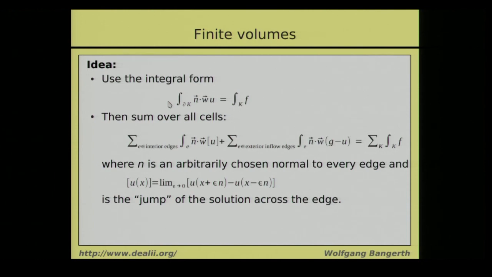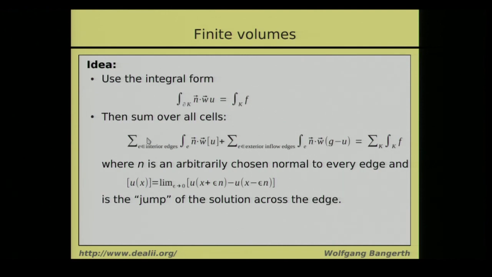And then what you get is, well, a sum over all of the cells over the boundaries of each cell. That gives me 2 terms for every interior interface, namely when I come to this boundary between 2 cells from one cell, plus when I come from the other side. And I can write this as follows.